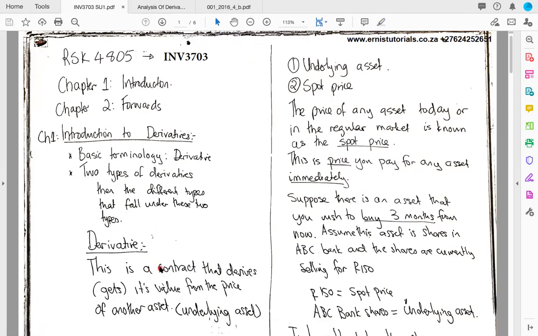We define a derivative as follows. A derivative is a contract that gets its value from the price of another asset. And the other asset from which a derivative gets its value is known as the underlying asset.